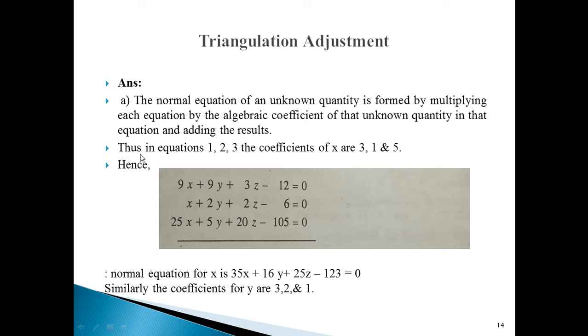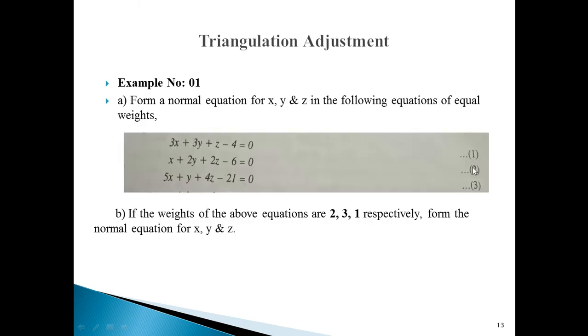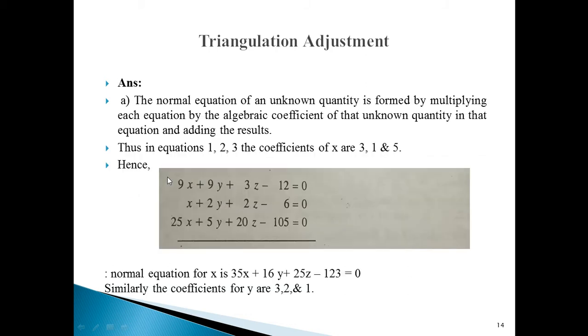In equations 1, 2 and 3, what is the algebraic coefficient for x? In the first equation it is 3, in the second equation it is 1 and in the third equation it is 5. So the coefficients of x are 3, 1 and 5. And what is the rule?